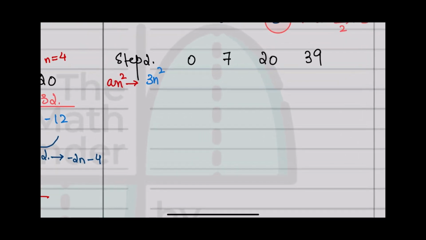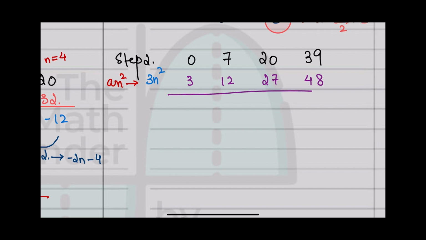Now placing the value of n as 1 in the first term, I get 3. Placing the value of n as 2 for the second term, 2 squared makes it 4, 4 times 3 is 12. Placing the value of n as 3, 3 squared is 9, 9 times 3 becomes 27. And placing the value of n as 4, 4 squared is 16, times 3 is 48.